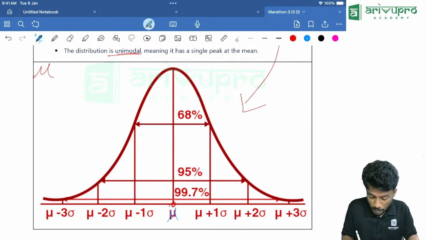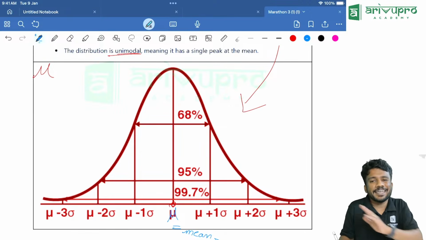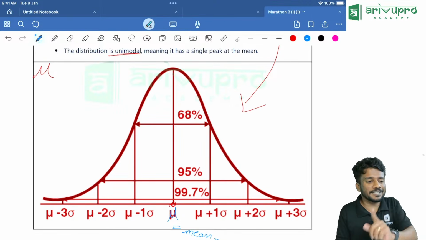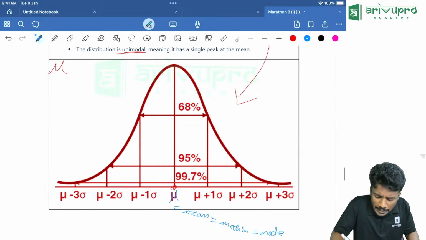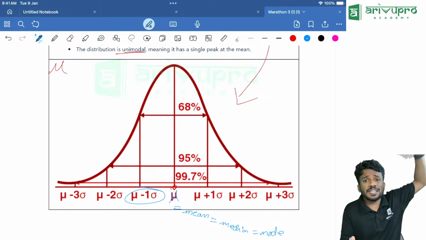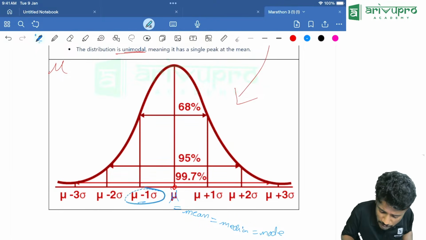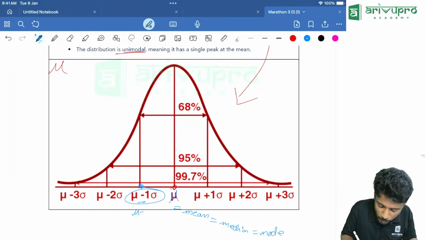What is this mu? This is the mean. Also here it is the median. Also it is the mode. Everything is there in the middle itself. Mu is everything. Now people, look here. When I'm drawing the graph, if I go to the left-hand side, this first point is called mu minus sigma. What is this point? Mu minus sigma.